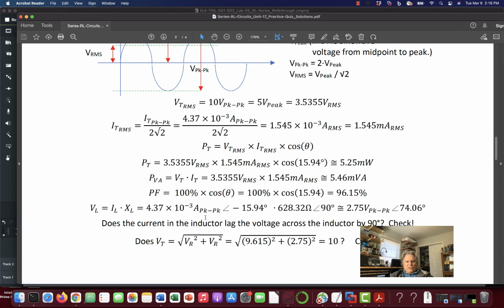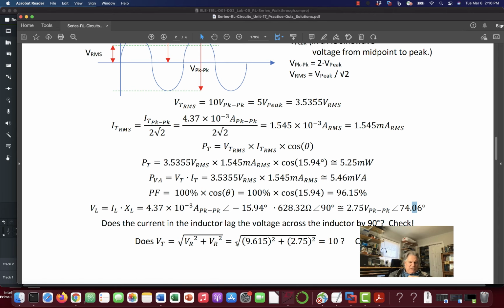So the difference between the current and voltage in this circuit is 90 degrees. In reality, this wouldn't be quite as high, and the scope would be telling you this isn't quite 90 degrees. Now the other check we can do is this one.